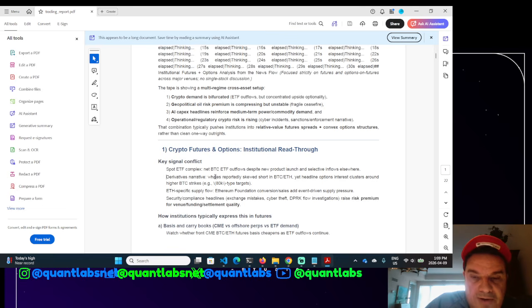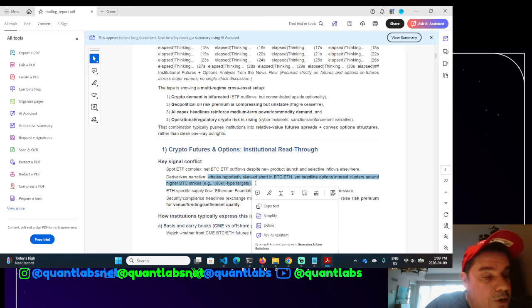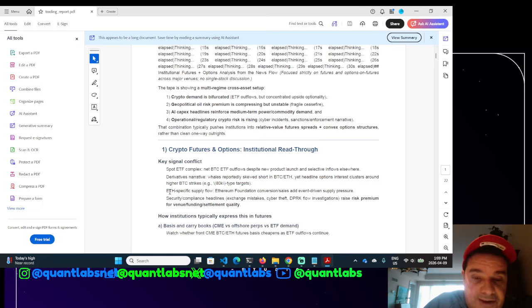Derivatives narrative: whales reportedly skewed short both Bitcoin and Ethereum, with headline option interest clustered around higher Bitcoin strikes. If you don't know what that means, or you don't even know what's happening, don't trade Bitcoin. You're just throwing money at something that you're guessing at. Seriously. Then you have Ethereum, with supply flow.